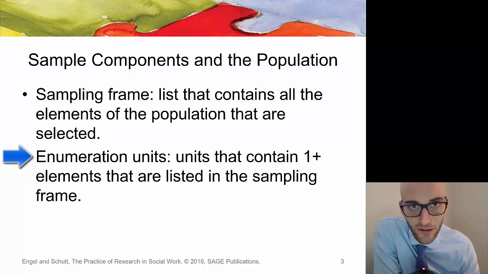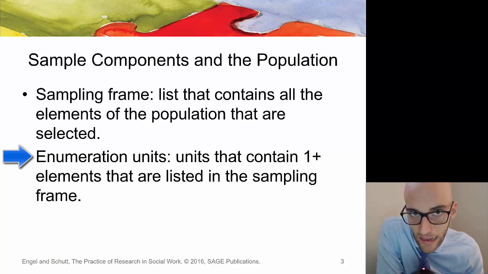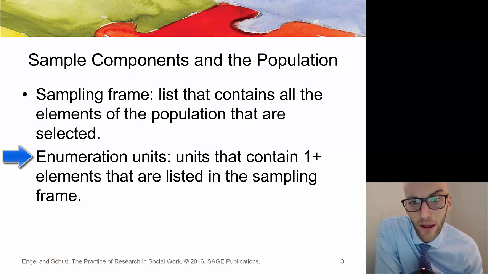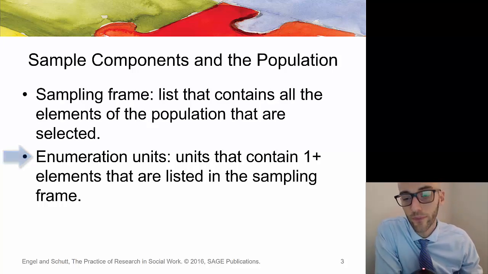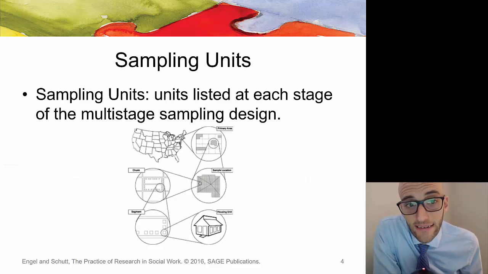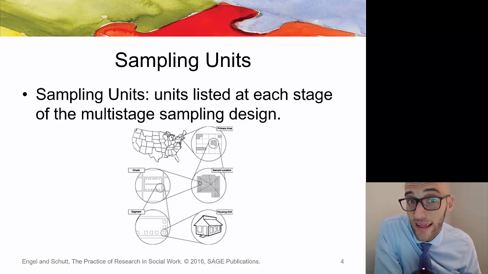You could think of it as a household from the census that has multiple participants within that household. And sampling units are listed at each stage of a multiple sampling design. So if you were looking at a neighborhood with 50 households, a sampling unit would be one of the households within that neighborhood of 50 different houses.